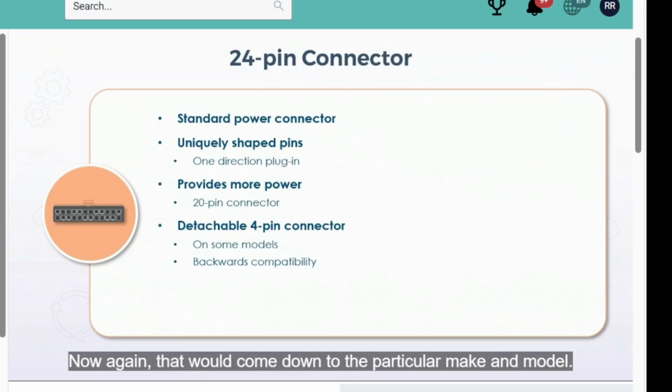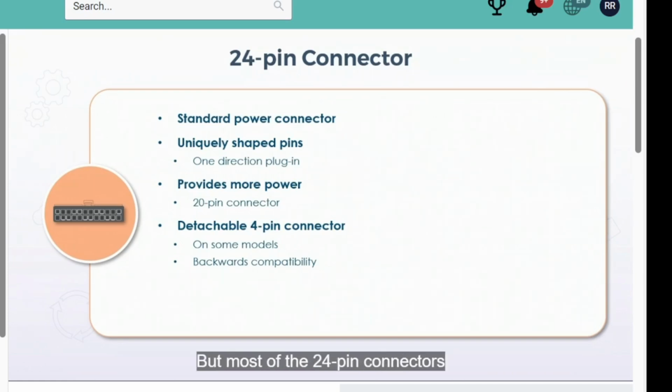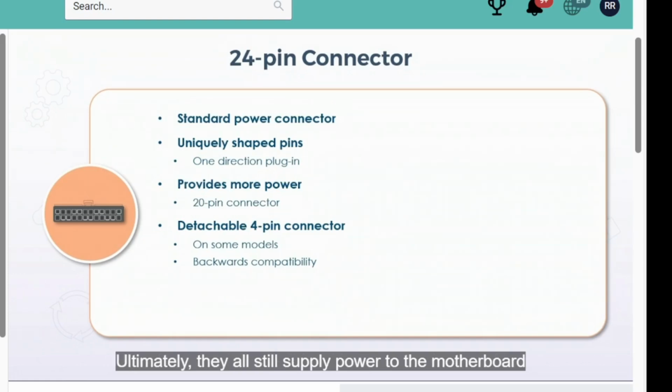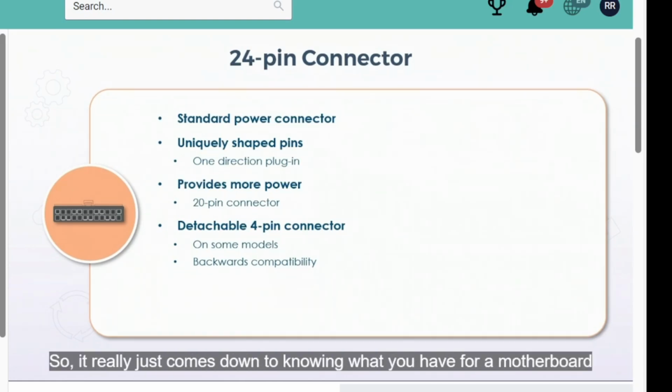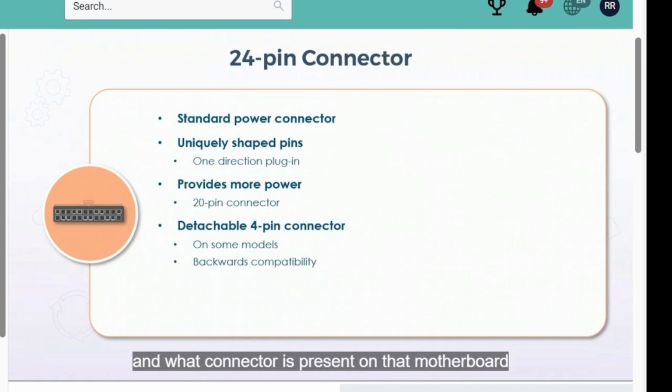Now again, that would come down to the particular make and model, but most of the 24-pin connectors are backward compatible with 20-pin motherboards. Ultimately, they all still supply power to the motherboard and all of the components that attach to it. So it really just comes down to knowing what you have for a motherboard and what connector is present on that motherboard when you go to attach the main power connector.